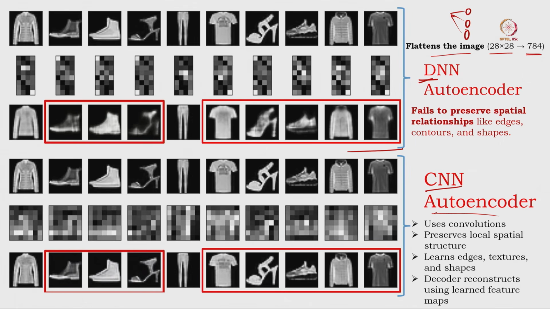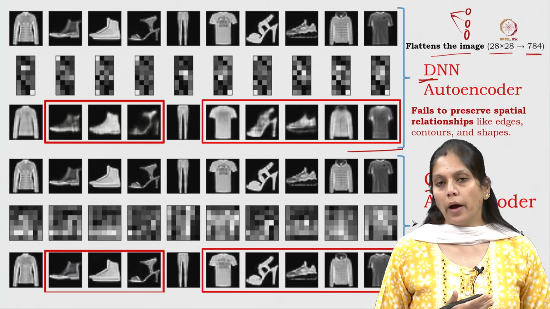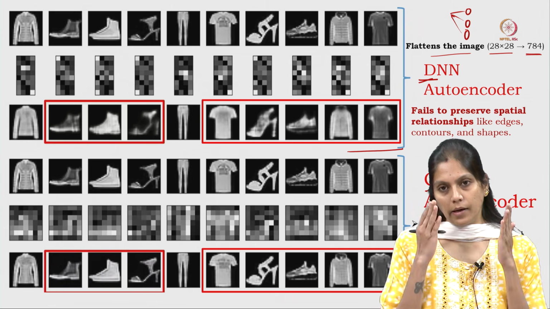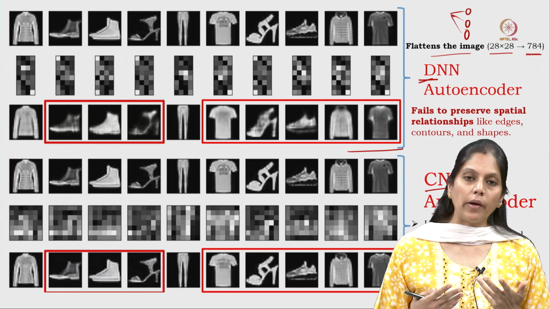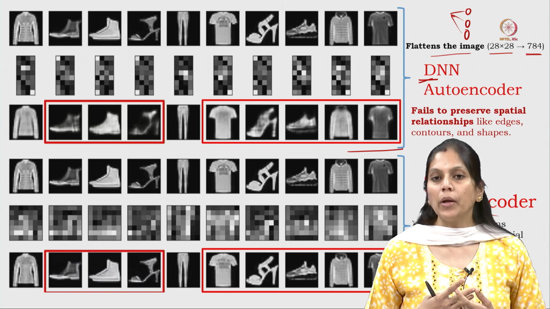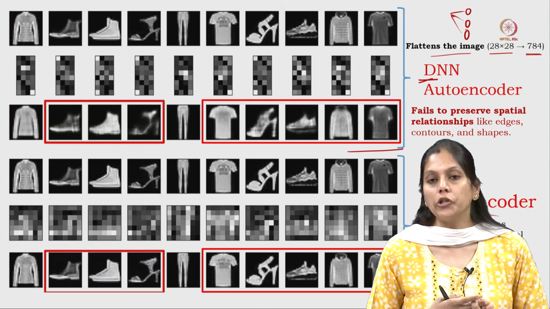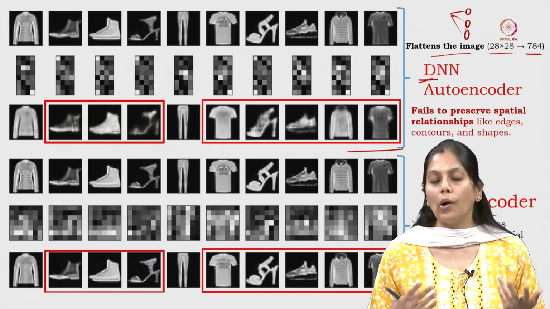You cannot pass it as an image, it has to be a single vector. So, if you are passing it as a single vector, then the 28 cross 28 matrix in the form of rows and columns is lost, which means the spatial relationship, the edges, the contours, the shapes are being lost here.